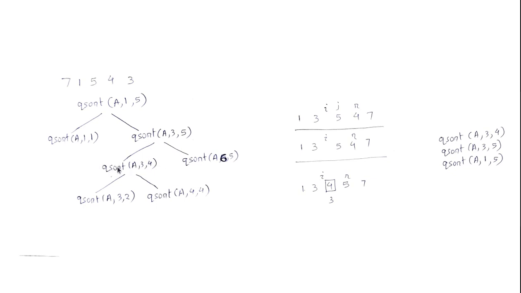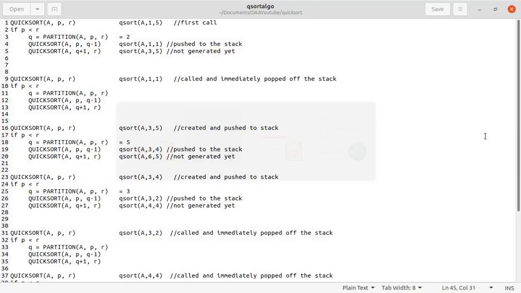So A34 is also pushed onto the stack. Now this also has p and r, and p less than r is satisfied. Again there will be two more calls, but only one call will be generated. So A34, and here partition, 3 less than 4. So the partition algorithm will be called.